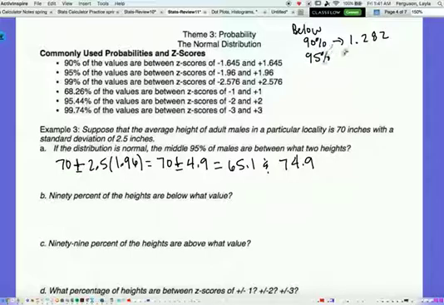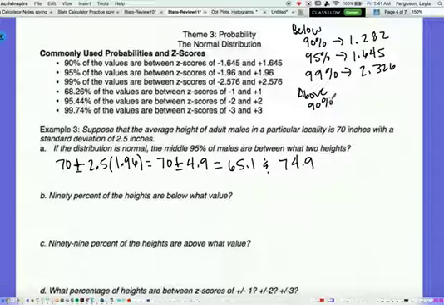95% is associated with 1.645, and these are the z-scores. And then 99% are below a z-score of 2.326. For above, 90% of the values are going to be above a z-score of negative 1.282.